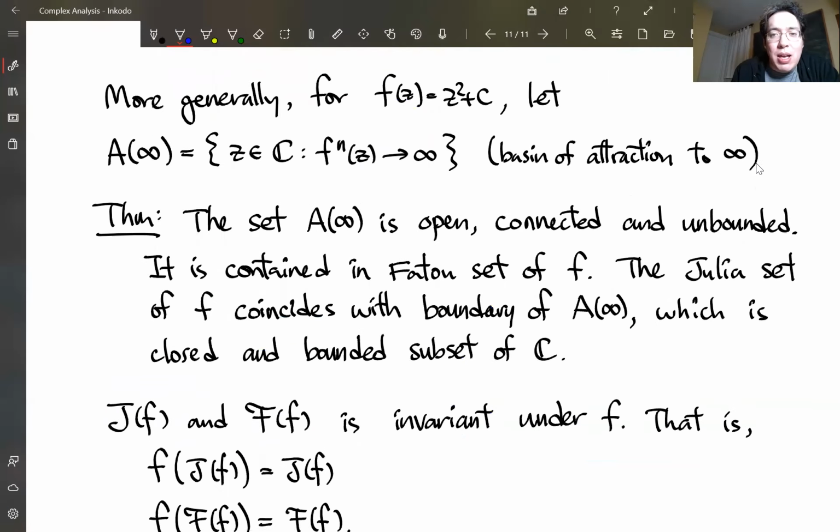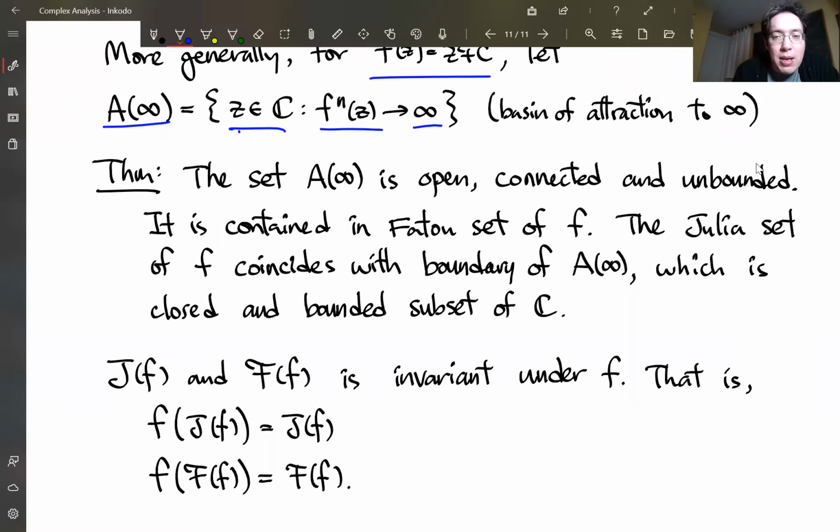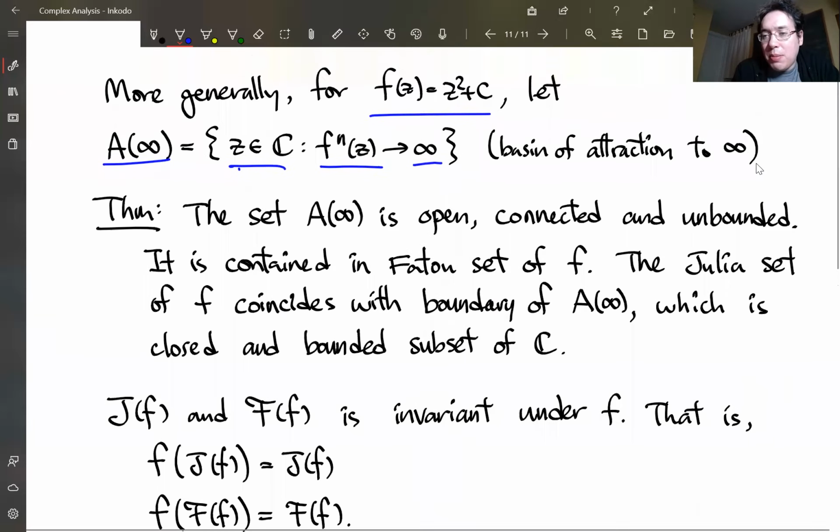Okay. So more generally, let's make a notation for this. If you have some f, we'll denote the basin of attraction to infinity by A of infinity. So this is any complex number where the iterates get bigger and bigger towards infinity. So the modulus gets larger and larger. And this I'm not going to prove.